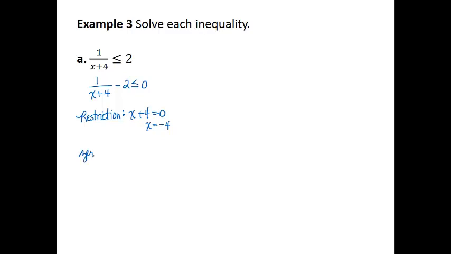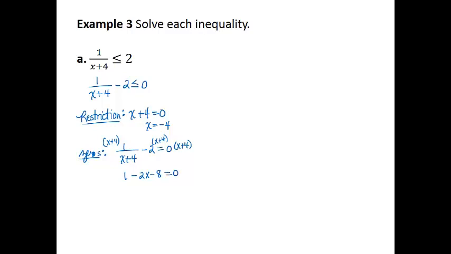To find the zeros, we're going to solve the equation 1 divided by x plus 4 minus 2 is equal to 0. We multiply everything by the LCD of x plus 4. That results in 1 minus 2x minus 8 equals 0.